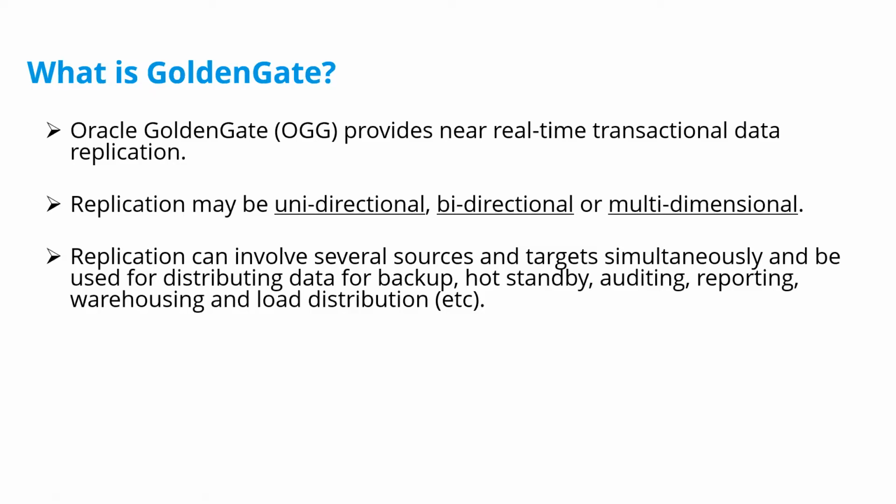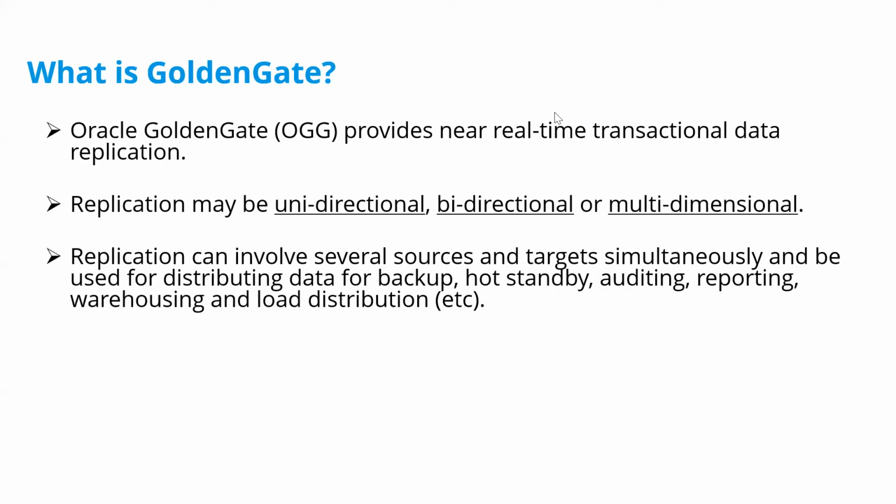It's near real-time replication. Oracle promotes it as real-time replication, but I am always cautious with that. It's near real-time, because near real-time means there will be milliseconds or seconds of delay. When things are good, a lag of a few seconds is considered good.